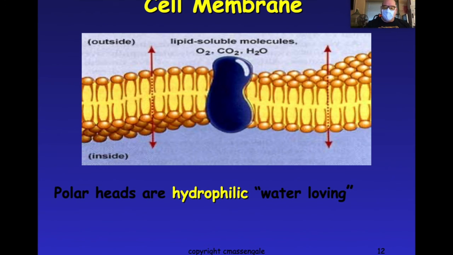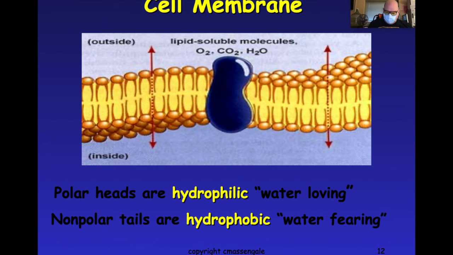So, I already told you this, but here are some words you need to know. Remember, hydrophilic loves water. Hydrophobic are the tails, and they don't want to be around water. So I'm going to ask you which side is hydrophilic and hydrophobic.